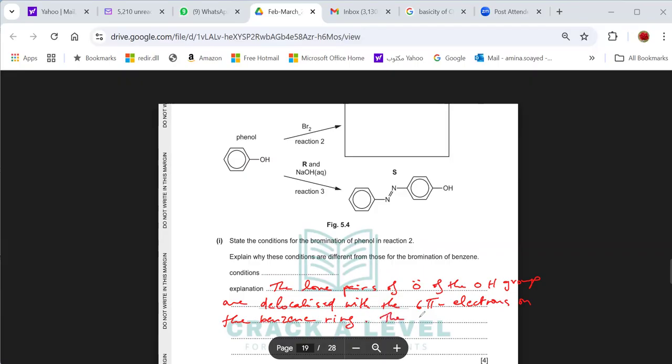The electron density on the benzene ring increases, so it is easier to be attacked, so it reacts more easily with electrophiles.